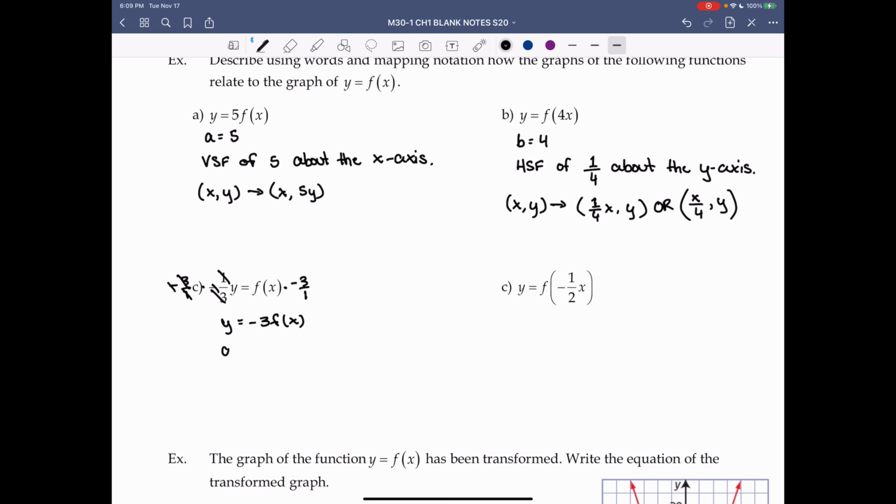Our a value equals negative 3. Then we have a vertical stretch factor of the absolute value of a, which would be 3 about the x-axis. And a is negative, so we also have a reflection across the x-axis.